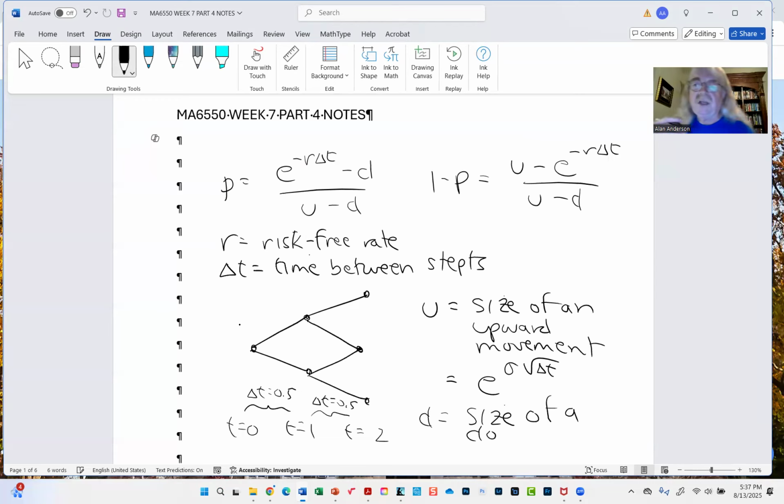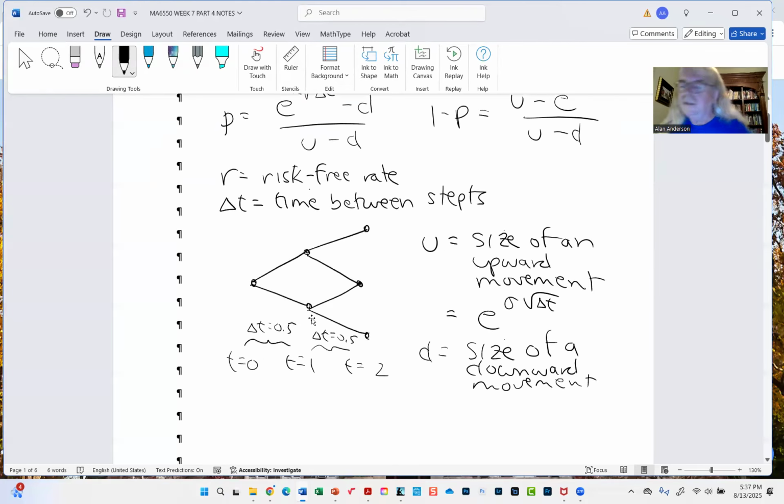And this, by the way, applies to the stock or underlying asset, not the option. The option does not move up and down by a constant amount. And D would be e to the minus sigma radical delta T.